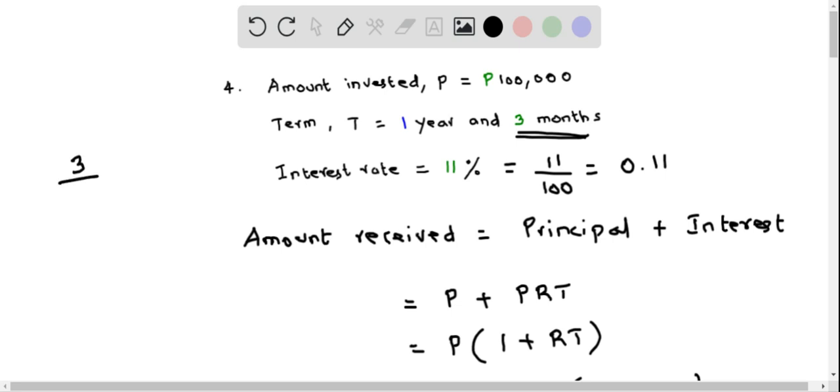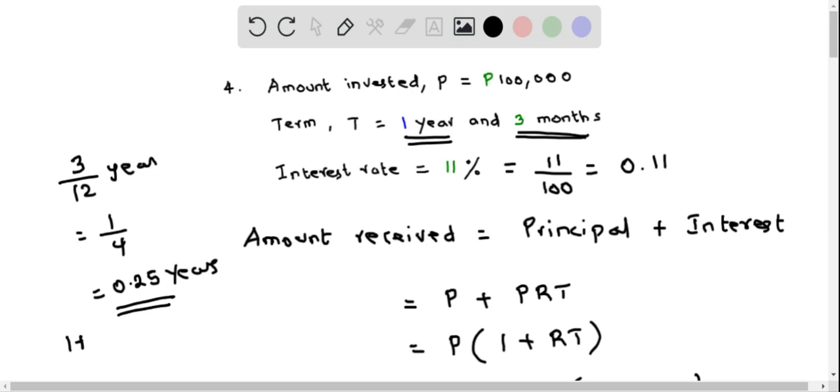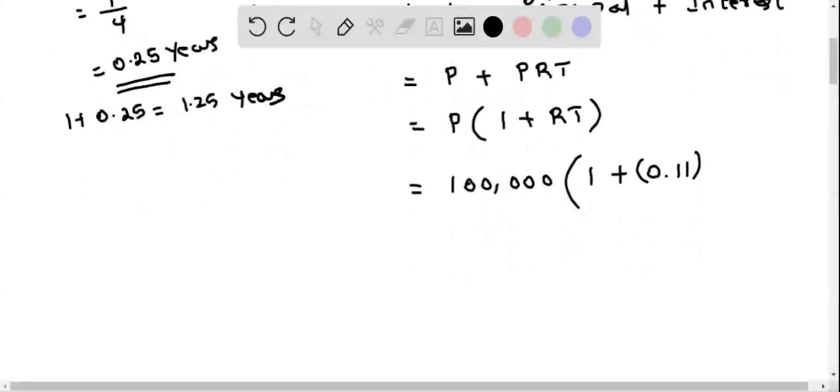So 3 months equals 3 by 12 year. This equals 1/4 of a year, or otherwise it is 0.25 years. So we add 1 year and 0.25 years, that is 1 plus 0.25 equals 1.25 years. So we converted the term which is given as 1 year and 3 months to 1.25 years.